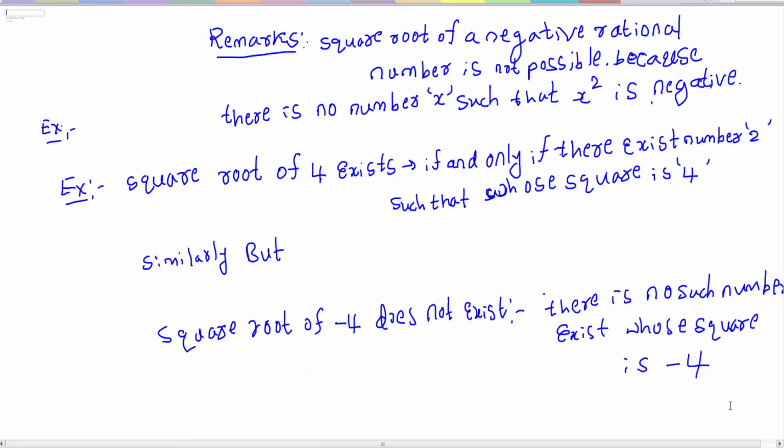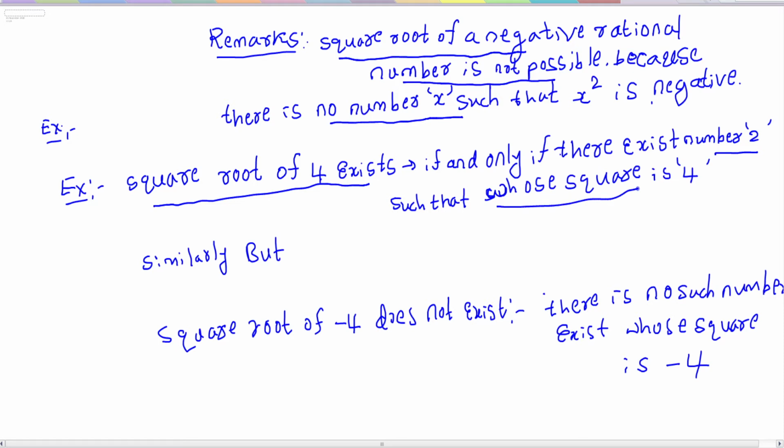Next, one remark is that square root of a negative rational number is not possible. Why? Because there is no number x such that x square is negative. I will explain this one. See, for example, if I say square root of 4 exists, means what? It exists if and only if there exists a number 2 whose square is 4.